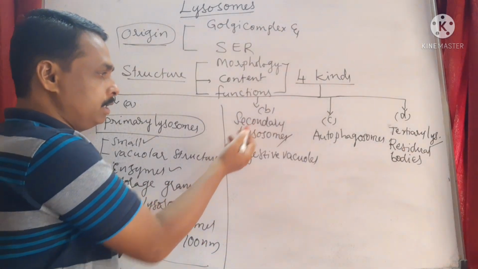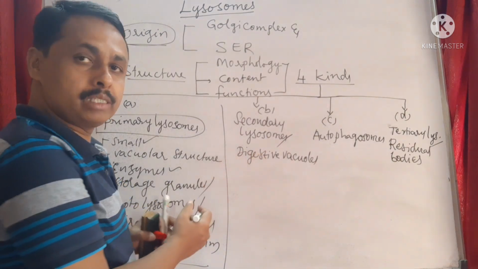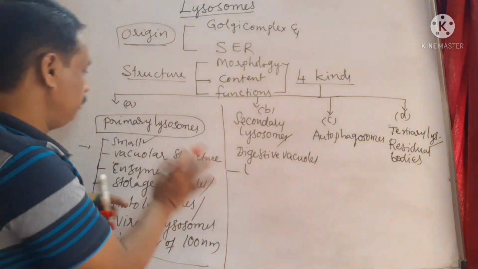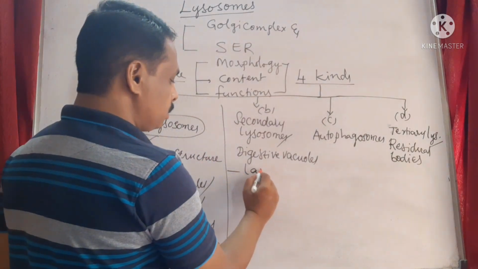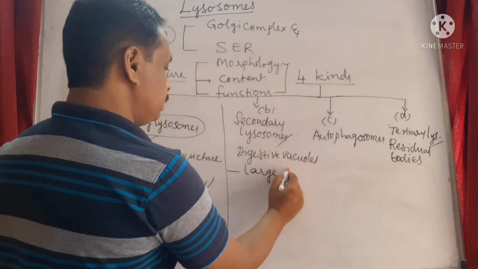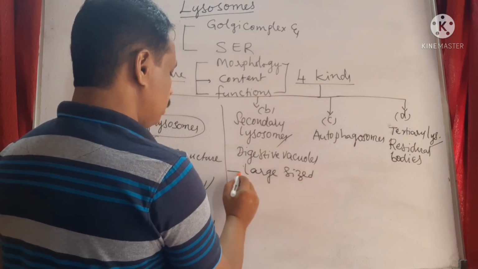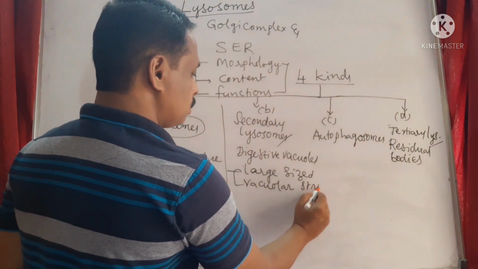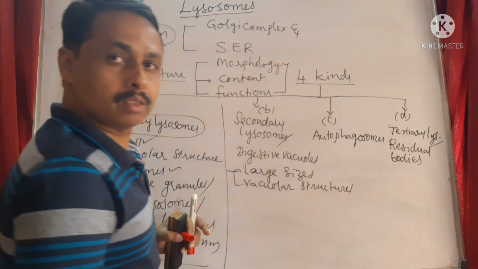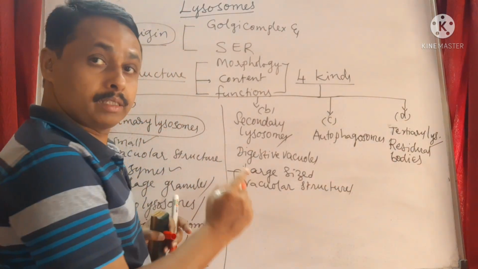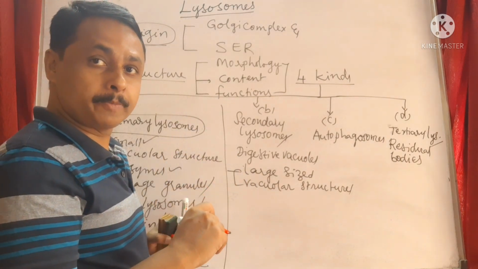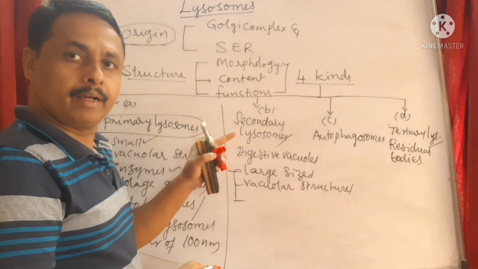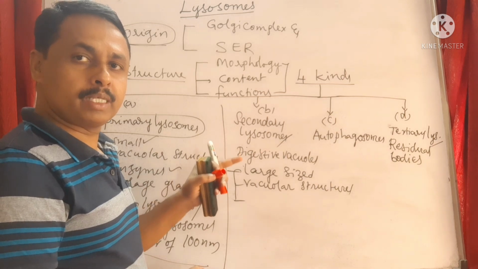Next, secondary lysosomes are otherwise called digestive vacuoles. Comparatively with the primary ones, these are large-sized vacuolar structures. How are these secondary lysosomes formed?